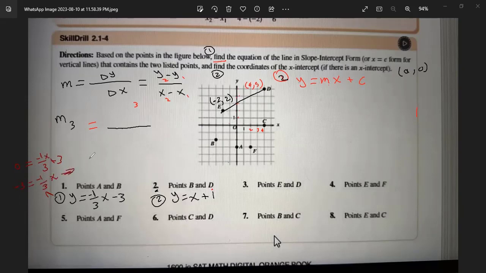So in number 1, we have the x-intercept, I'm sorry, this one here, AB, should be positive 9. Okay.